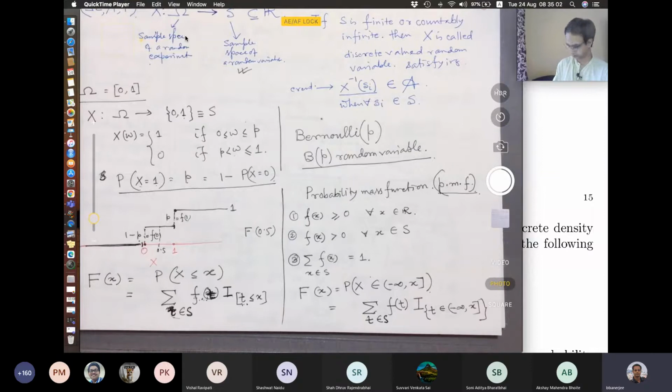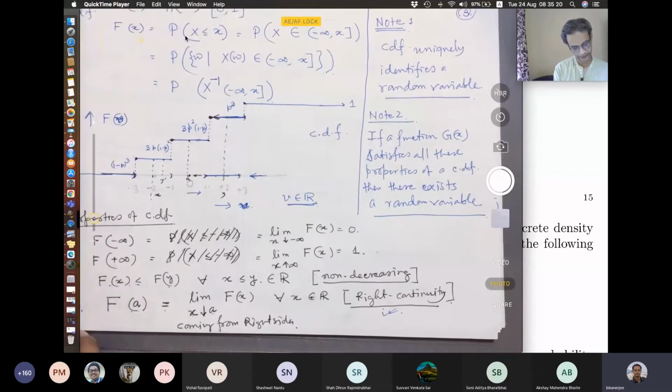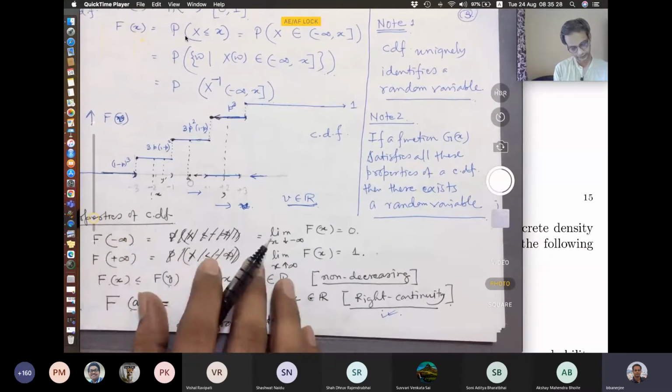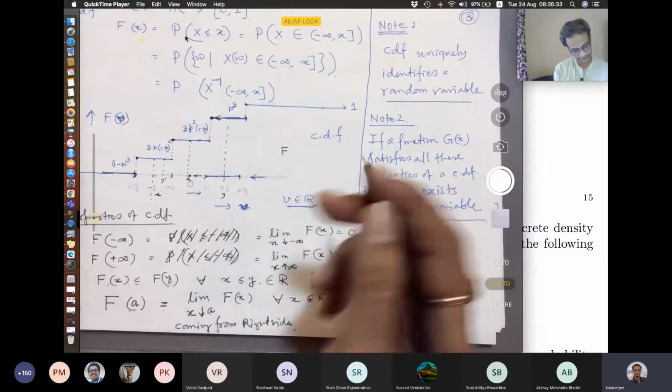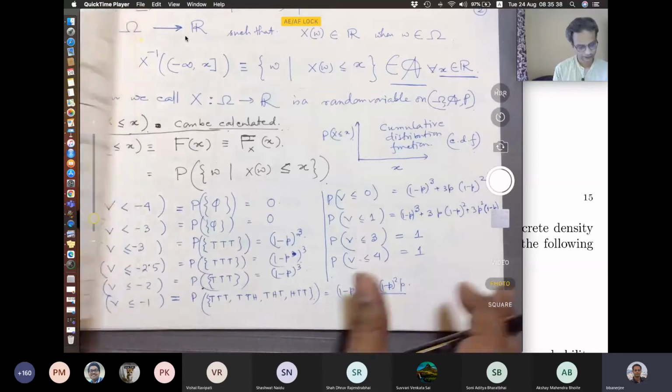And one important thing that I should mention here: from the previous example also you can compute. Already you have done this work. We have done a long exercise in the previous lecture.